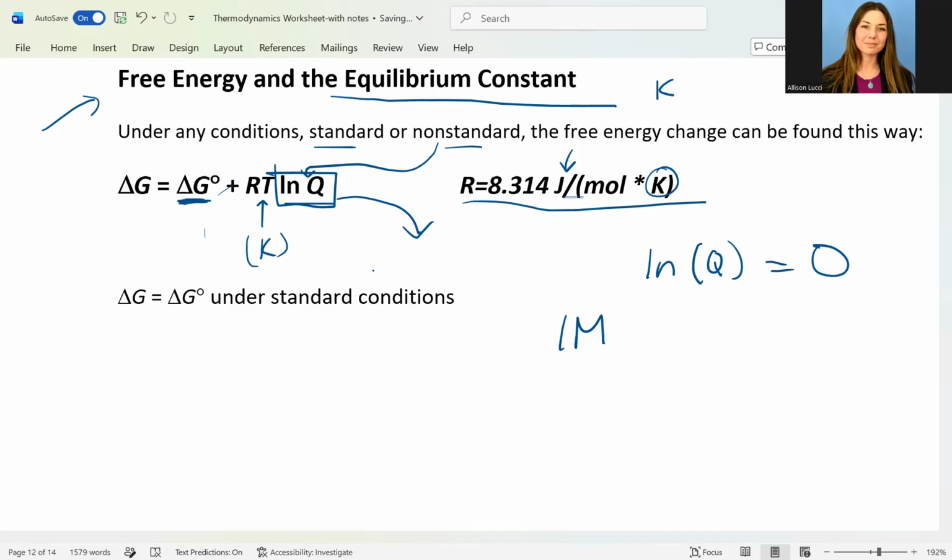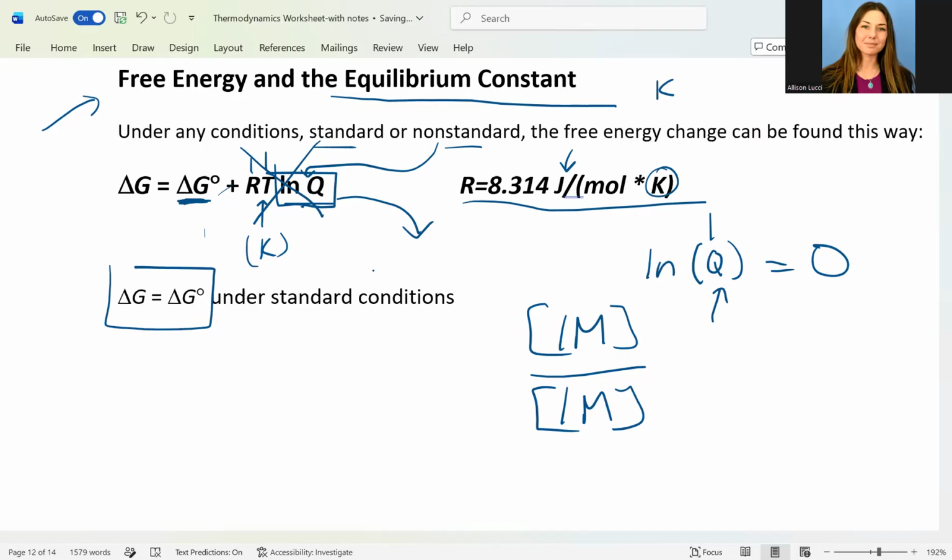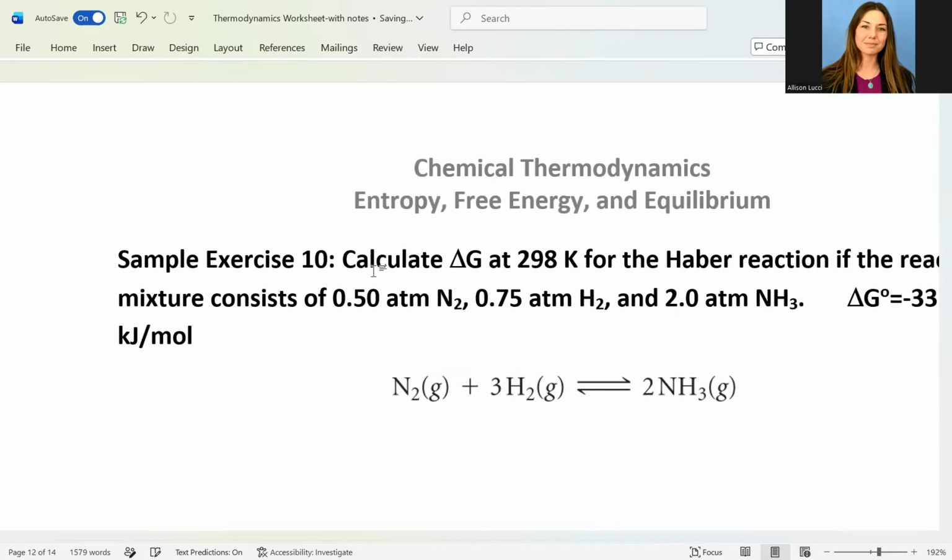No matter what our products divided by our reactants would be, no matter what the exponents are, anytime we have 1 times 1 times 1, we would always end up with Q equal to 1, and the natural log of 1 equals 0. So 0 times 0 times 0, that's why this term would cancel out under standard conditions. And we can generate this simplified form of the equation.